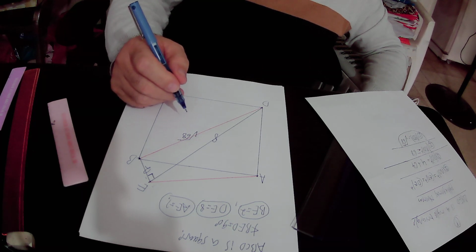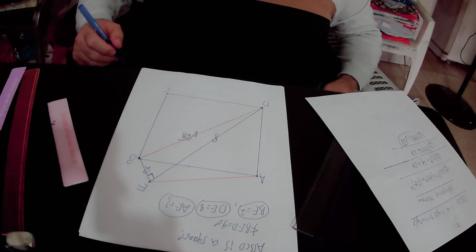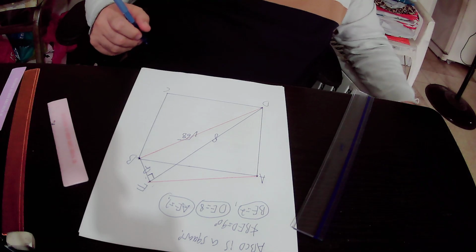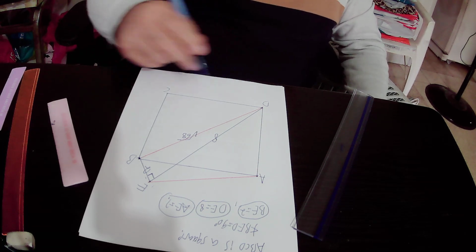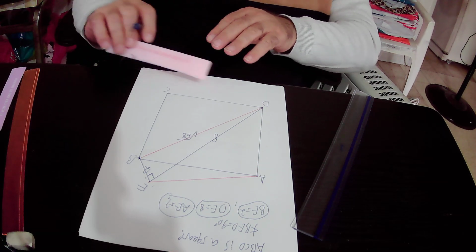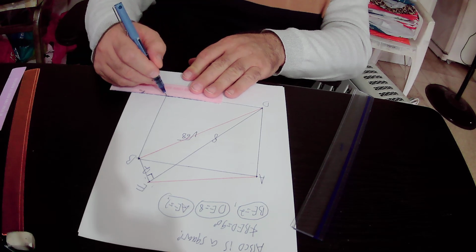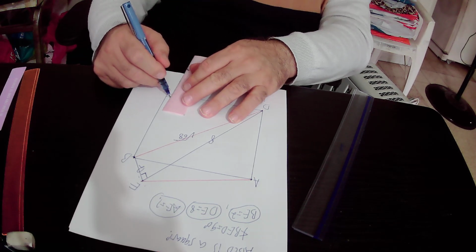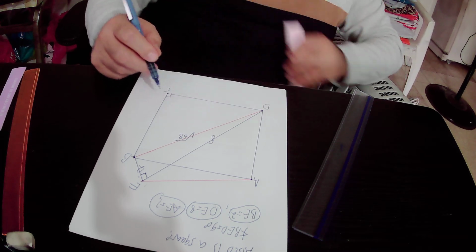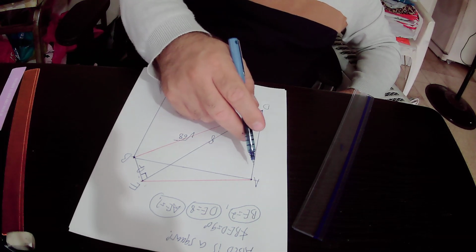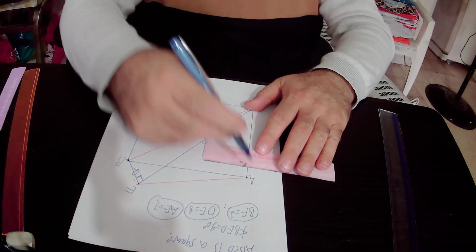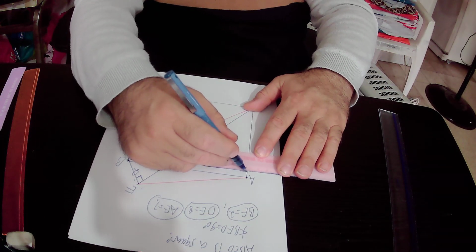We also know that all the angles inside the square are right angles, therefore angle BCD is a right angle and it equals 90 degrees. Angle BAD is also a right angle and it also equals 90 degrees.